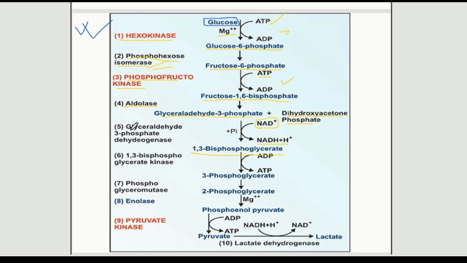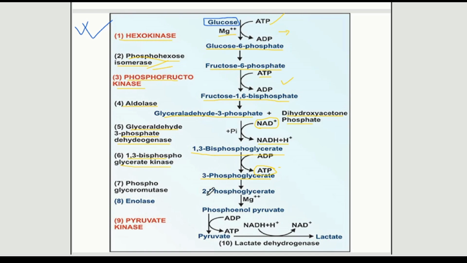The enzyme that helps in the fifth step is glyceraldehyde 3 phosphate dehydrogenase. Then 1,3 bisphosphoglycerate to 3 phosphoglycerate. One phosphate comes out in the form of ATP, energy. Here we are getting energy, and the enzyme is 1,3 bisphosphoglycerate kinase.